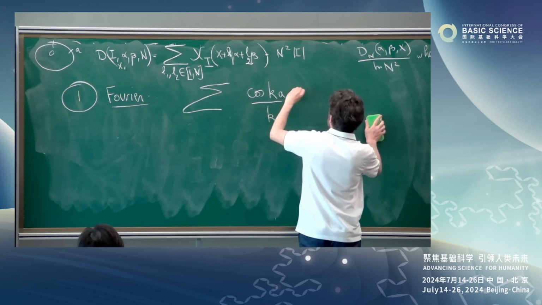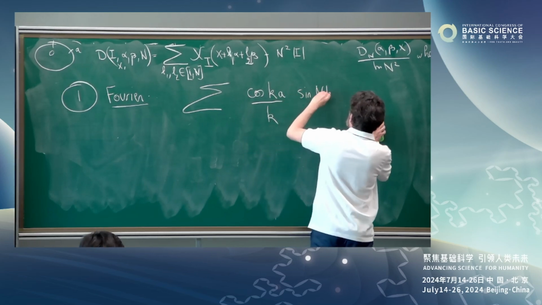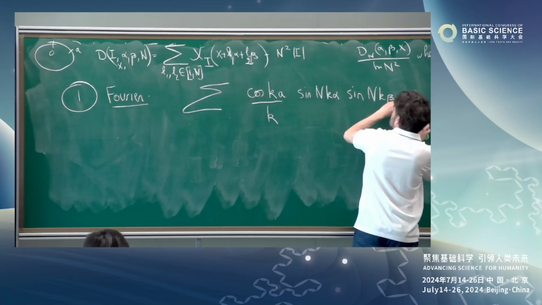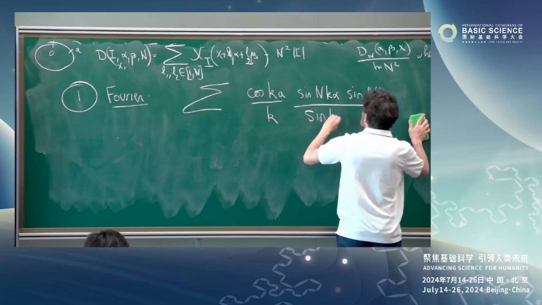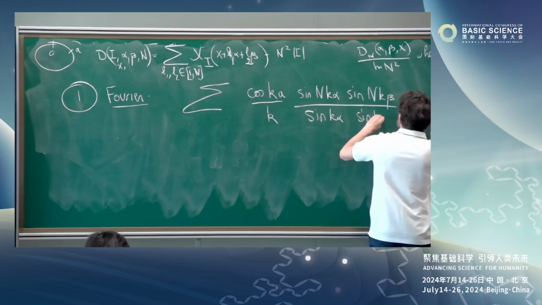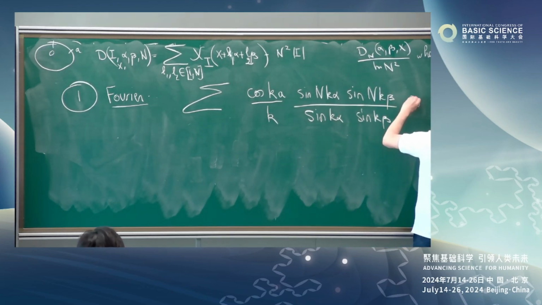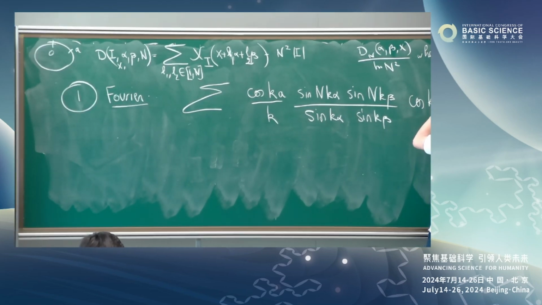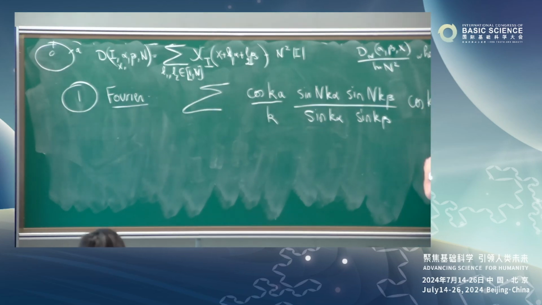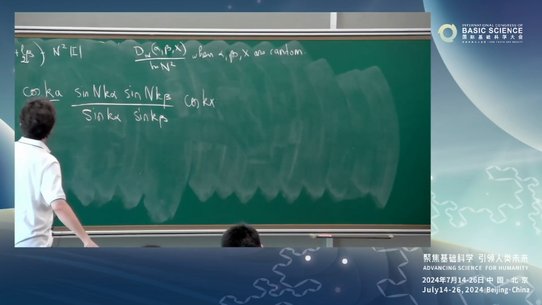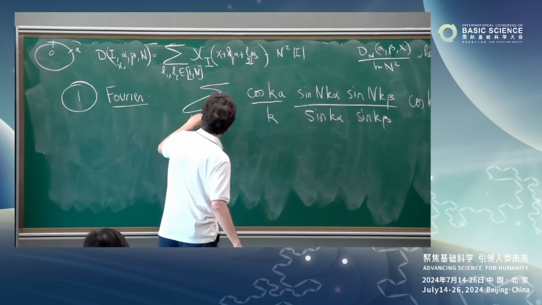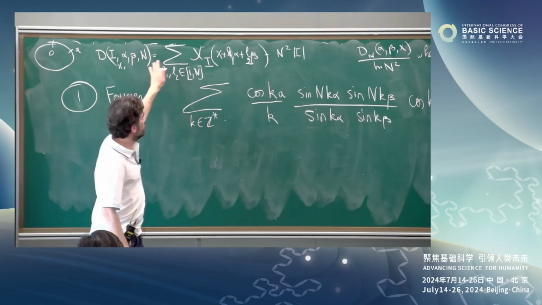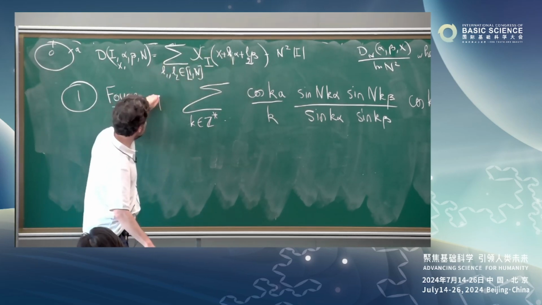And here you will have sine of N k alpha, sine of N k beta, divided by sine of k alpha, sine of k beta, and you have cosine of kx plus some phase phi_N. This is essentially your sum, this discrepancy D is this.